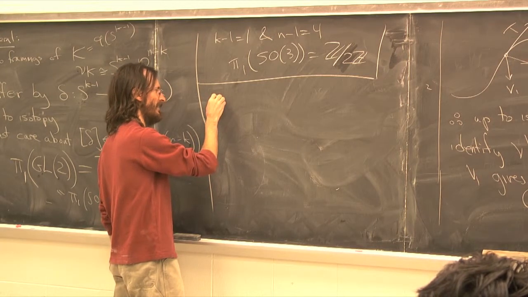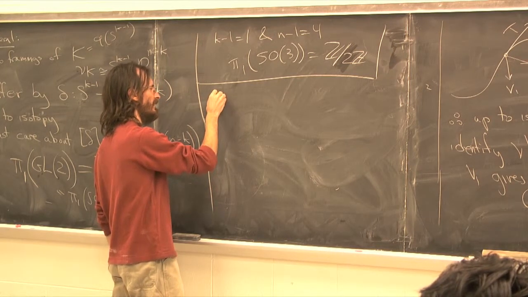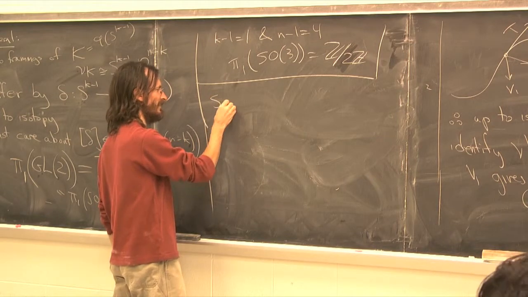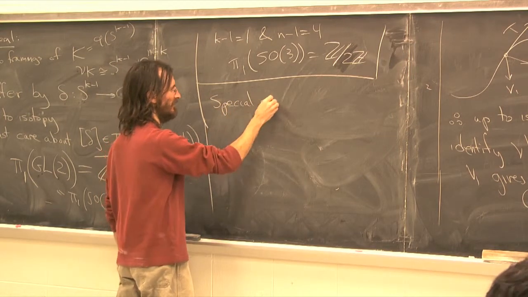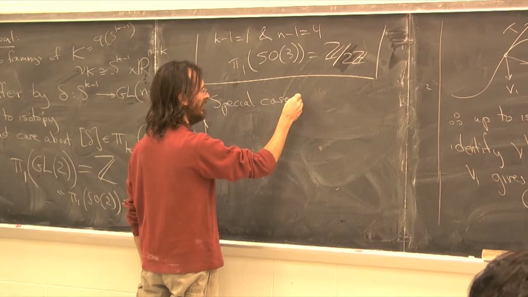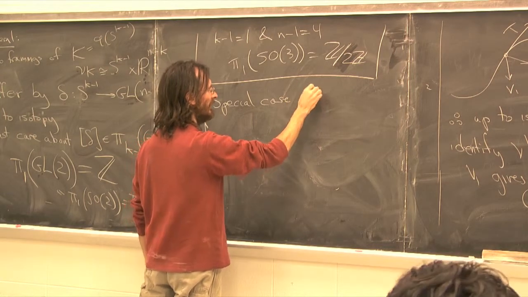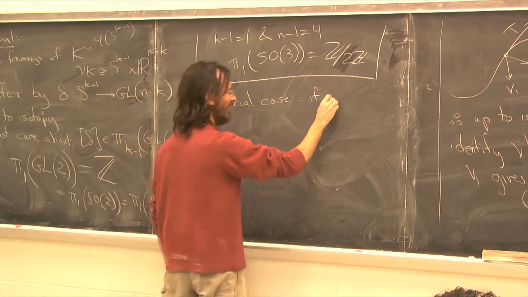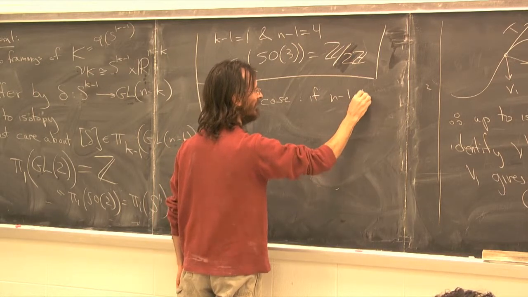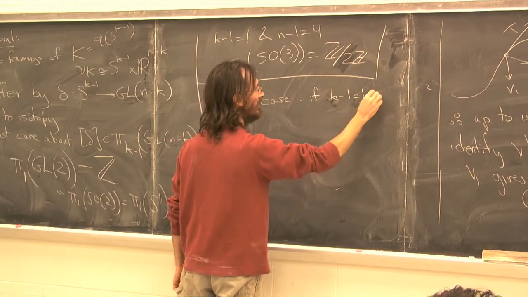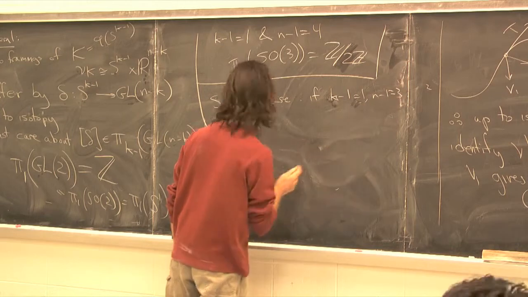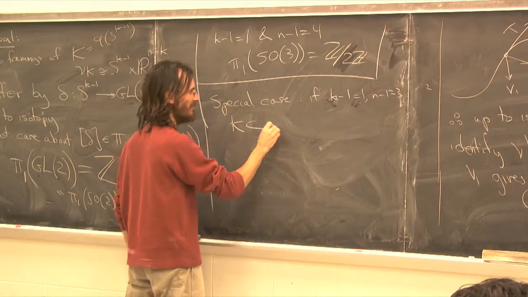There's a special case of framed knots, which is relevant in many cases, which is that if you're looking at, again, k-1 equals 1, n-1 equals 3, right? And then we've got K inside a 3 manifold.